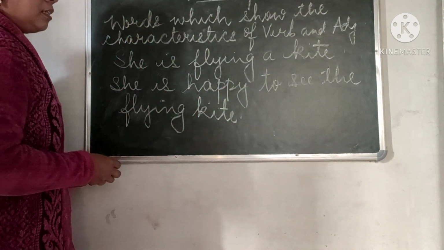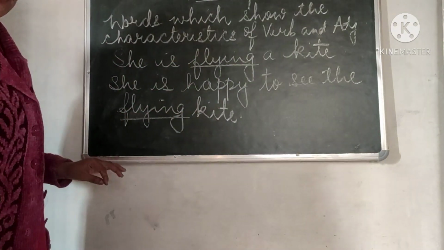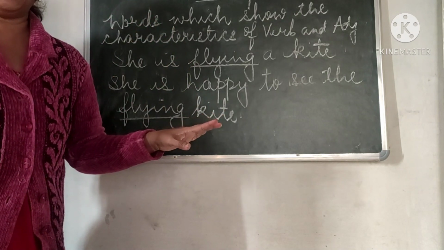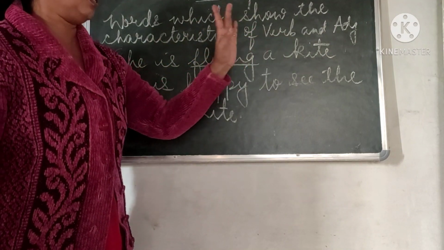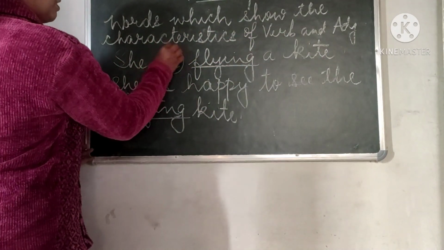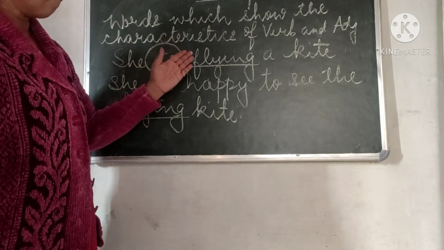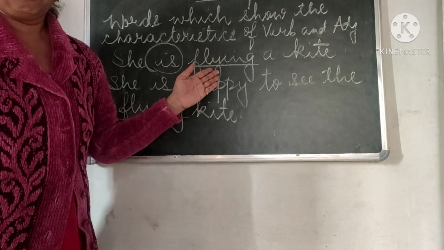Now in both the sentences you notice I have used the word flying. As we know, flying is a verb because it's an action word, right? Now you see in the first sentence, she is flying a kite. In this, is is my finite verb as we had studied in our class, and flying is the non-finite verb, right?